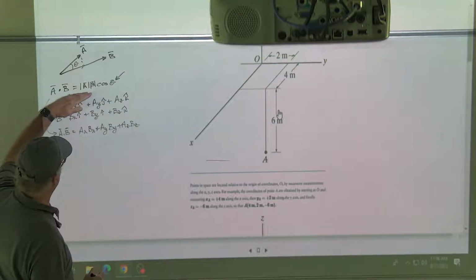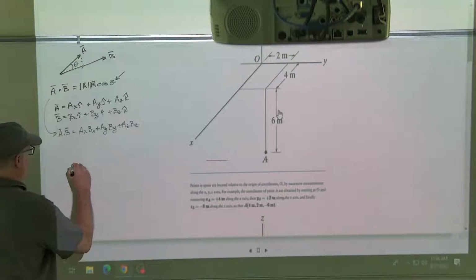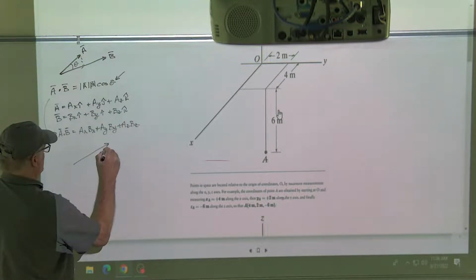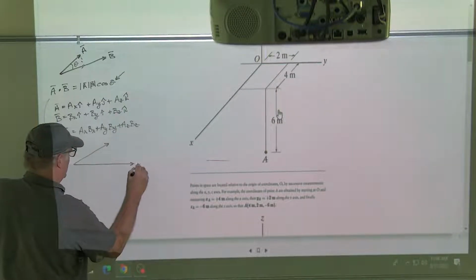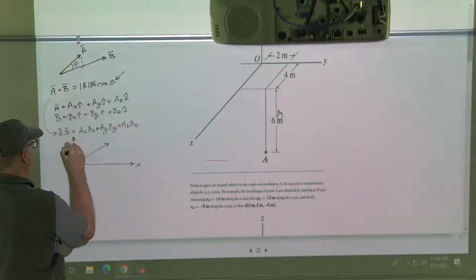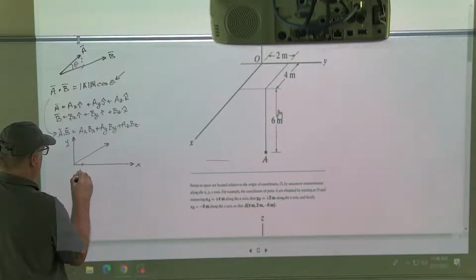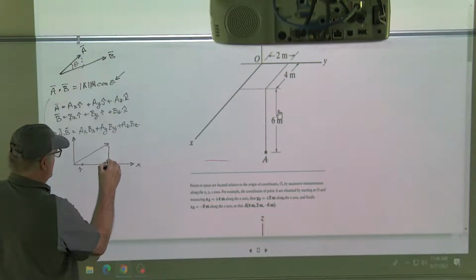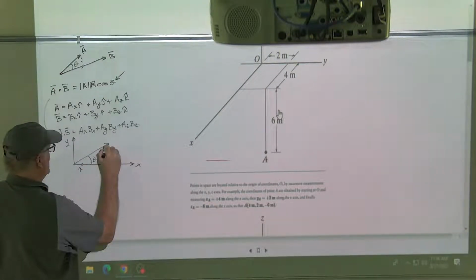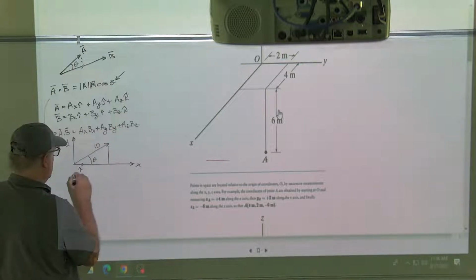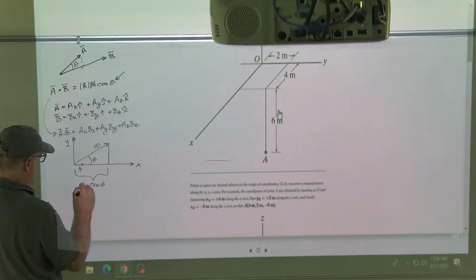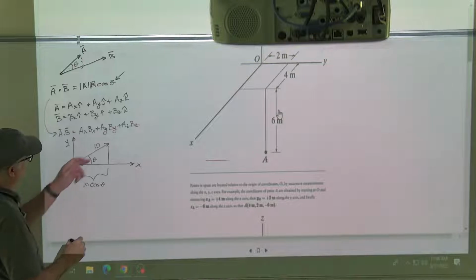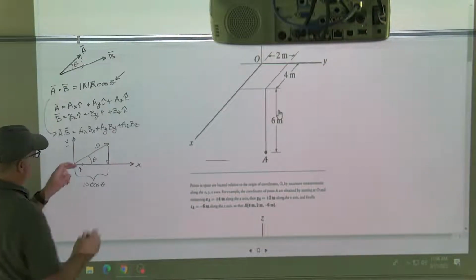If you want to go this way, it's up to you. Say here's the I, and if you have this as theta, you knew this was cosine of theta. You could treat this as a dot product.